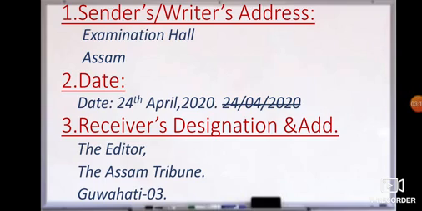First of all, we have to write the sender's or writer's address. Here we will write our address as Examination Hall, Assam. Next, we have to put the date in this format only, like date 24th April 2020.